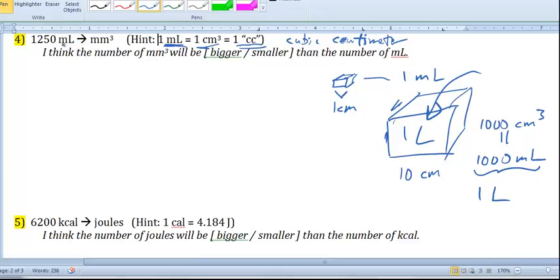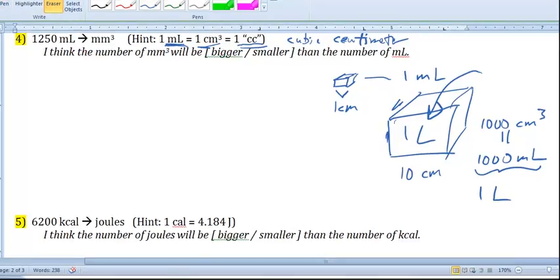When you stand back and think about, okay, oh my gosh, how am I going to get from milliliters to cubic millimeters? I think first, if you work backwards on this, you would say, well, okay, I know I could get from centimeters cubed to cubic millimeters.